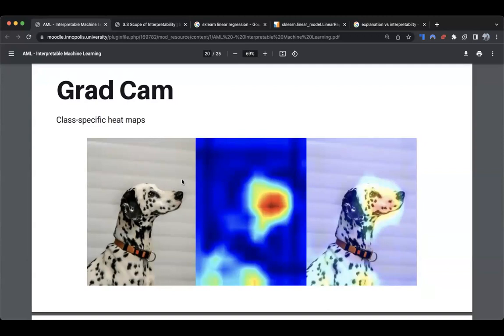Now, let me ask you a question about last week's lecture. When we were speaking about CNNs, we saw something similar to this. Do you remember it? Input image, CNN layer, and then this one is?